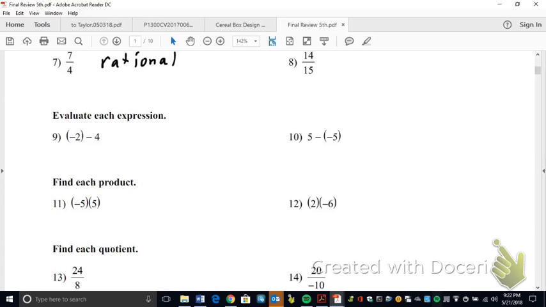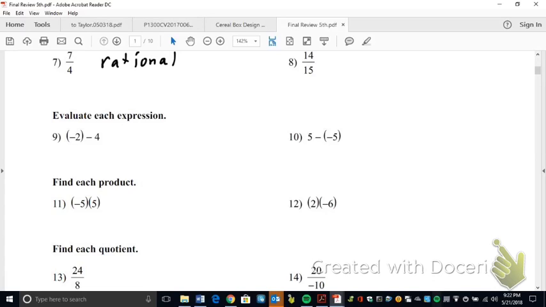It's not a whole number, which is 0, 1, 2, 3, 4, and so forth. And it's not a natural number, which are 1, 2, 3, 4, 5, and so on. The only difference between a whole number and a natural number is 0. Except for 0, all whole numbers are also natural numbers. 0 is a whole number, but not a natural number.